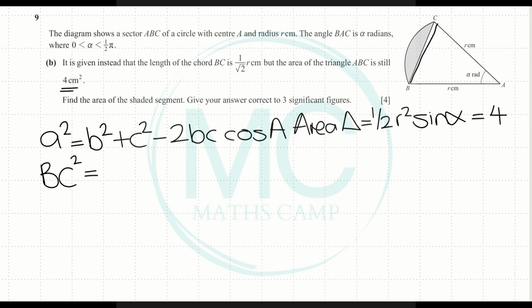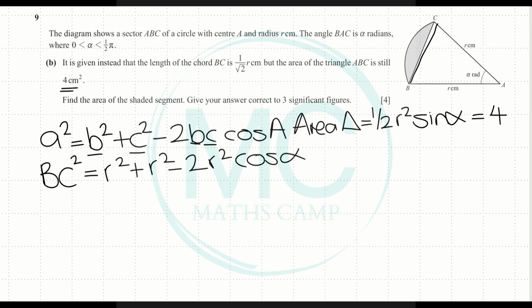I'm going to use the radius r for sides B and C. So I can say r squared plus r squared minus 2 multiplied by r and r again. So I get r squared cos my angle, which in this case is alpha.